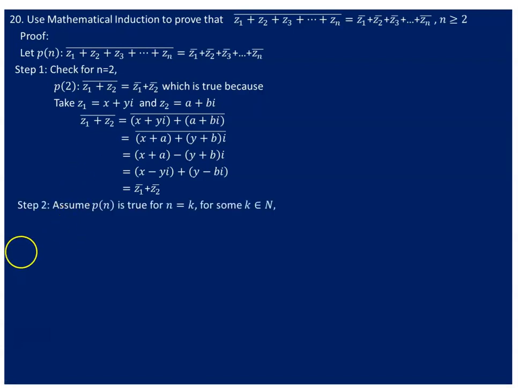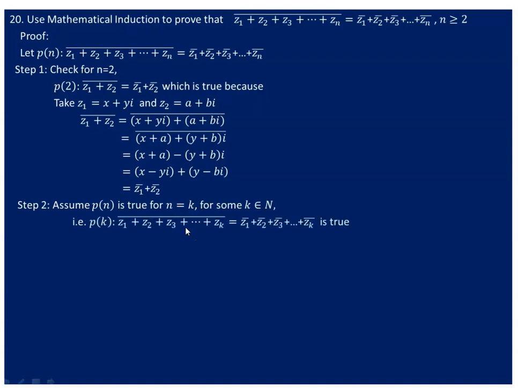In step 2, we have to assume P of n to be true. Assume that P of n is true. We have to assume that this holds true up to a certain natural number k. We have assured in the first step that this is true for 2 complex numbers. Now we are assuming that this hypothesis is true up to a certain natural number k.